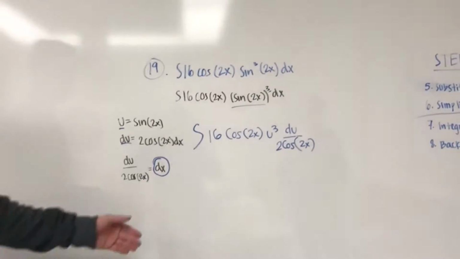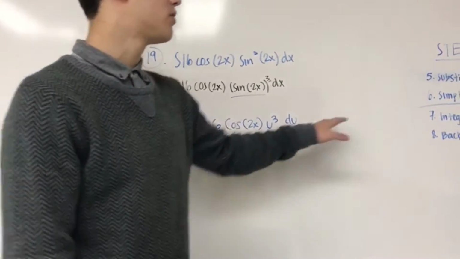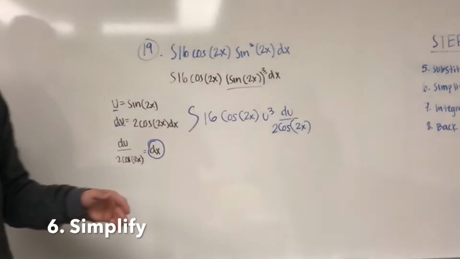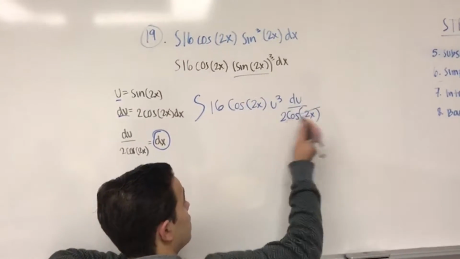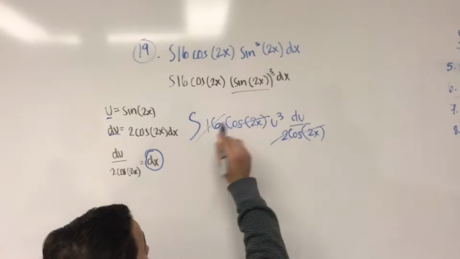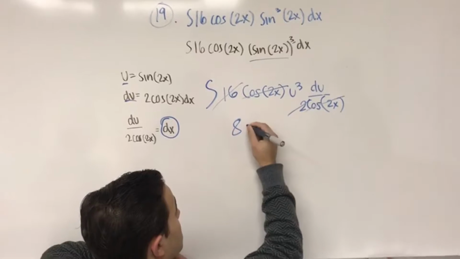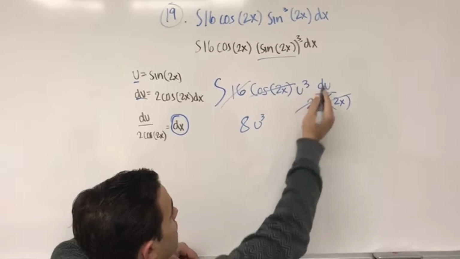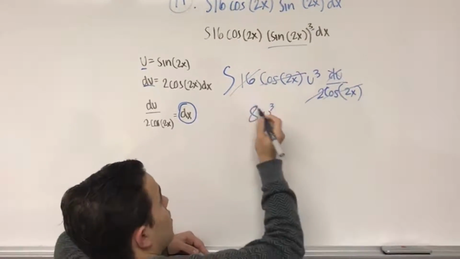So now, after we plugged in our variables we're going to simplify, which is step 6. We're going to apply basic algebra. So the cosines cancel, and the 2 cancels as well with the 16. So we got 8 times u to the 3rd power, and the du, you can just ignore since it got canceled as well.